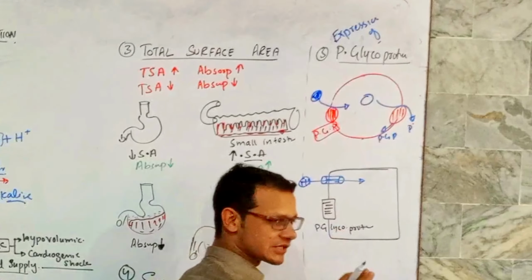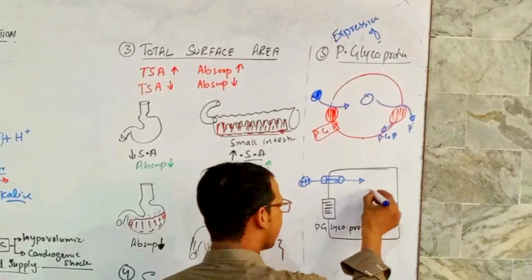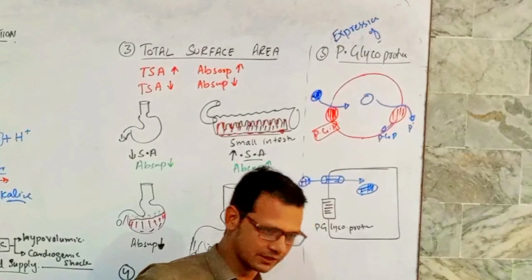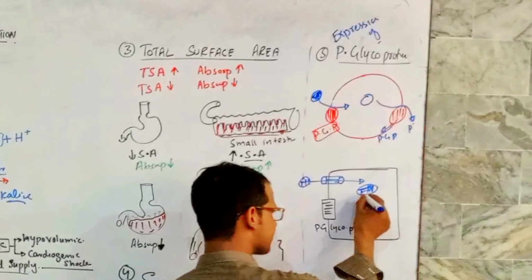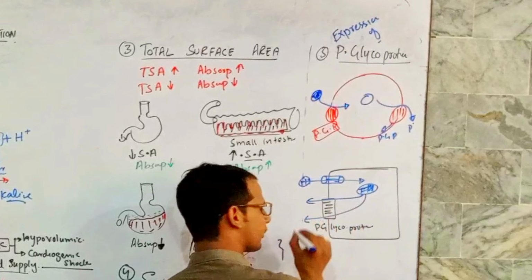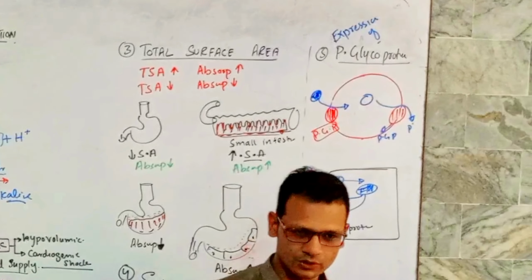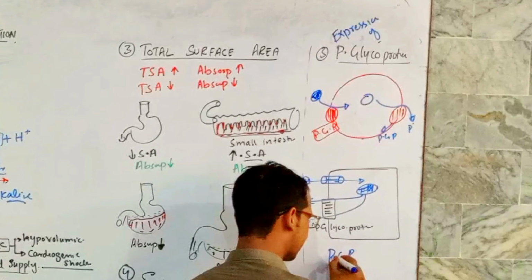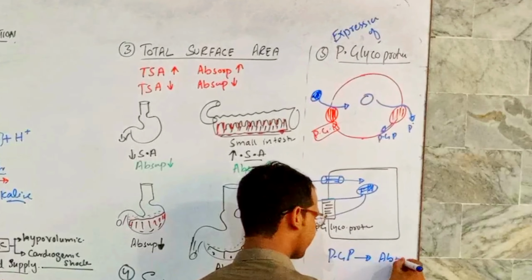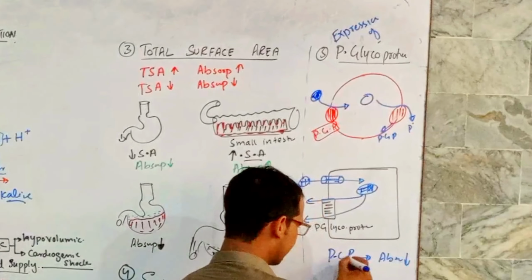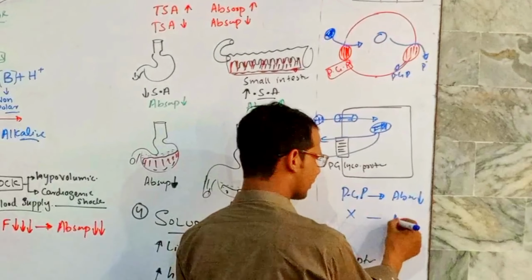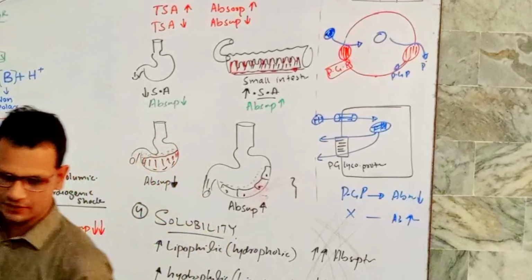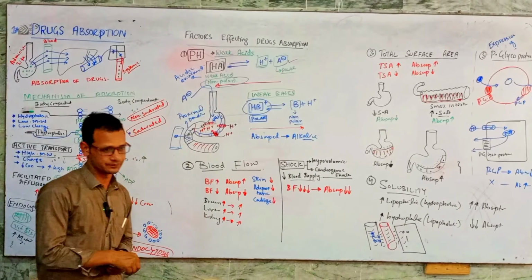If this glycoprotein is activated or expressed, it will not allow the drug to take action in the cell. It will break this drug and eliminate it from the cell, right? So if the P glycoproteins are activated, absorption will be reduced, and if they are not activated, absorption will be high. These are the factors which influence or inhibit the drug's absorption.